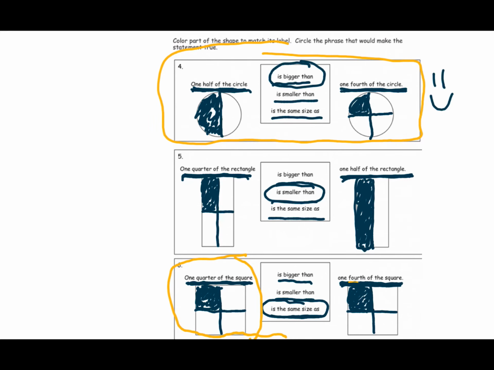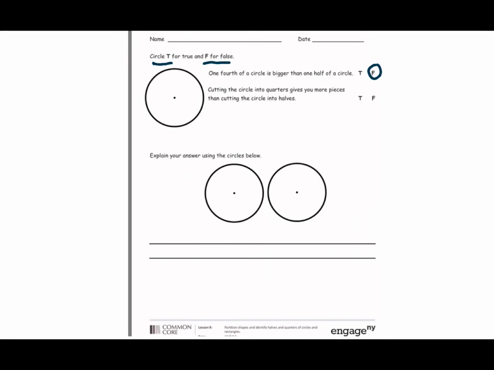Does quarters give you more pieces? Cutting the circle into quarters gives you more pieces than cutting the circle into halves. What do you think, boys and girls? Is that true or false? I think that's true. If you cut it into quarters, you're going to get more pieces than the half.